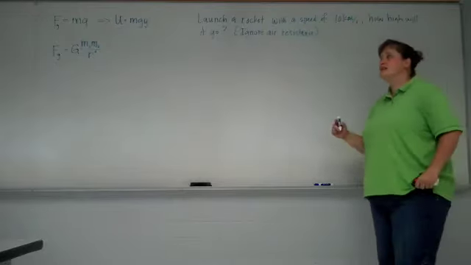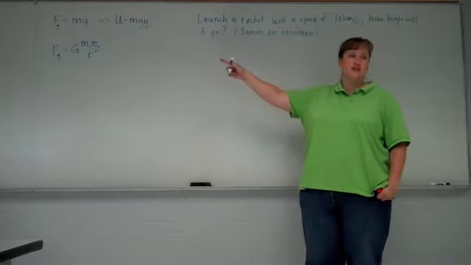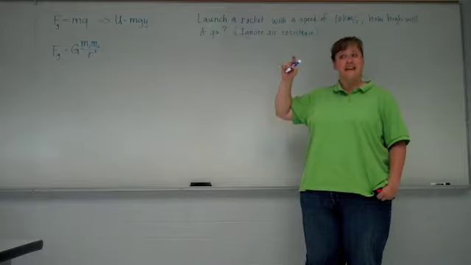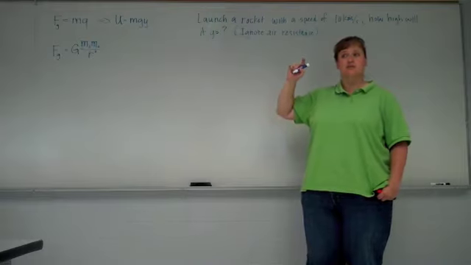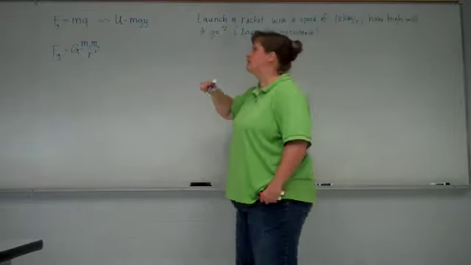When we integrate this force with respect to distance, what is the integral of 1 over r squared? 1 over r squared is the same thing as r to the negative 2. So r to the negative 1 over negative 1.